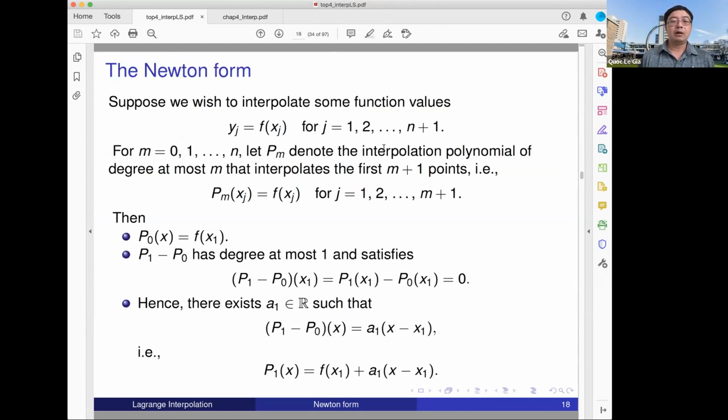So why is that? Well, you can repeat the argument here. So you say that P1 minus P0, now you replace by P2 minus P1. Okay, so maybe let me write it down a bit more explicitly.